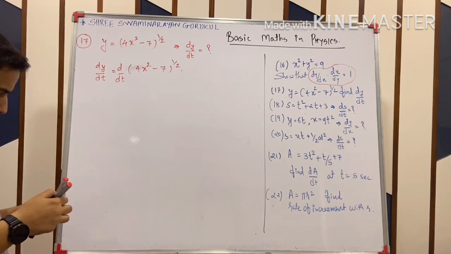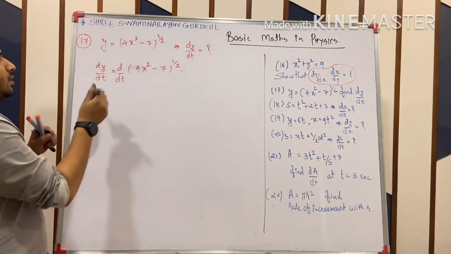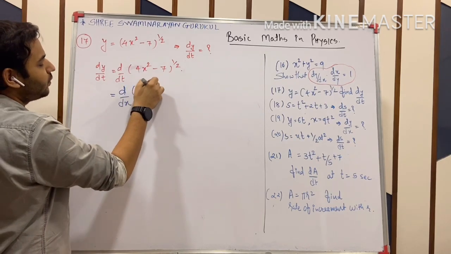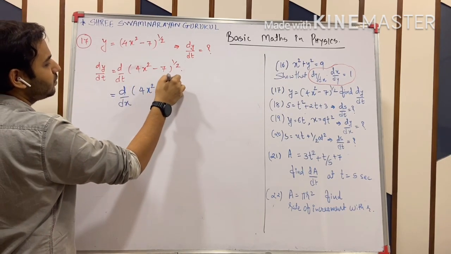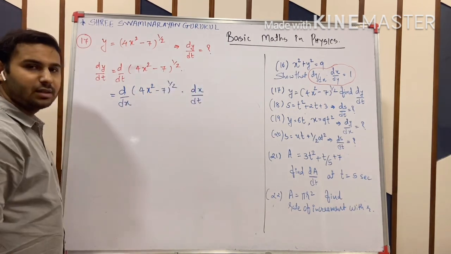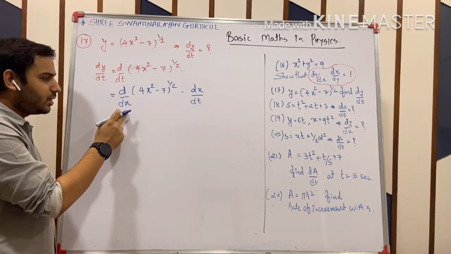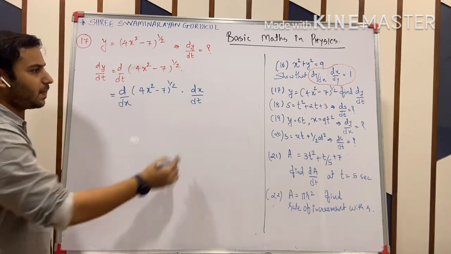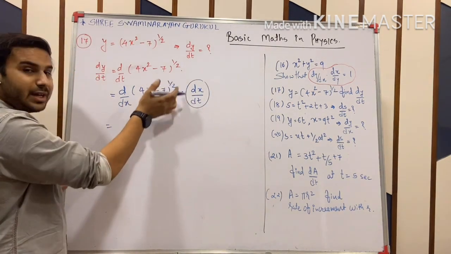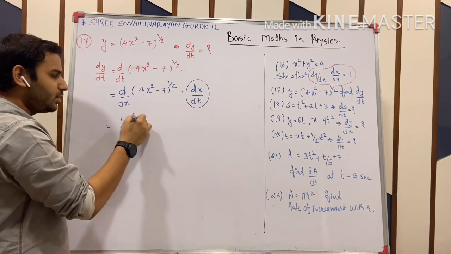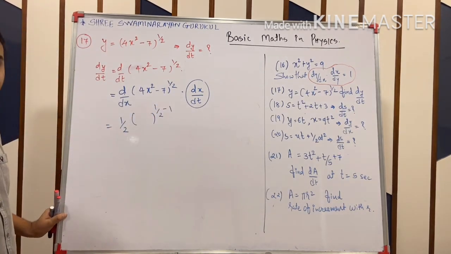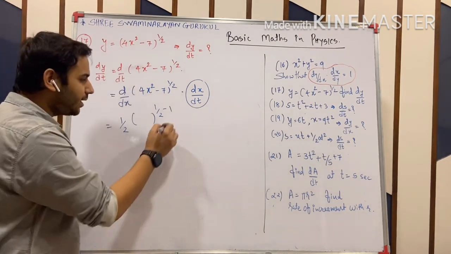Fine. But now d by dx of 4x square minus 7 raised to 1 by 2 into dx upon dt. Understood now? Divide by dx, multiply by dx. Keep this as it is. Now this term is a bracket raised to 1 by 2, so 1 by 2 bracket raised to 1 by 2 minus 1. You remember the chain rule? Now jump into the bracket.